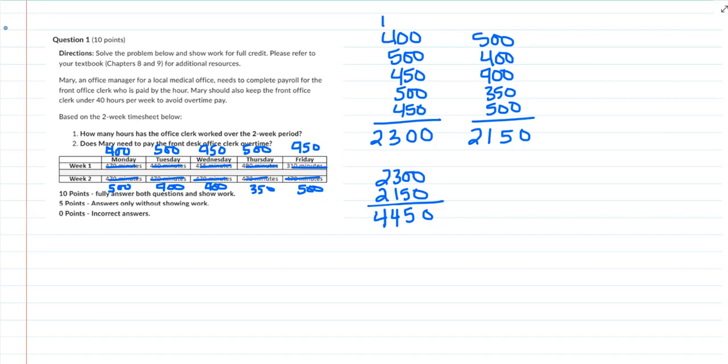Now we want to convert those to hours. So we know there are 60 minutes in an hour, so we want to divide this by 60. So let's go ahead and set that up over here. 60 minutes in an hour. Okay, so 60 does not go into 44, so it could go into 445.